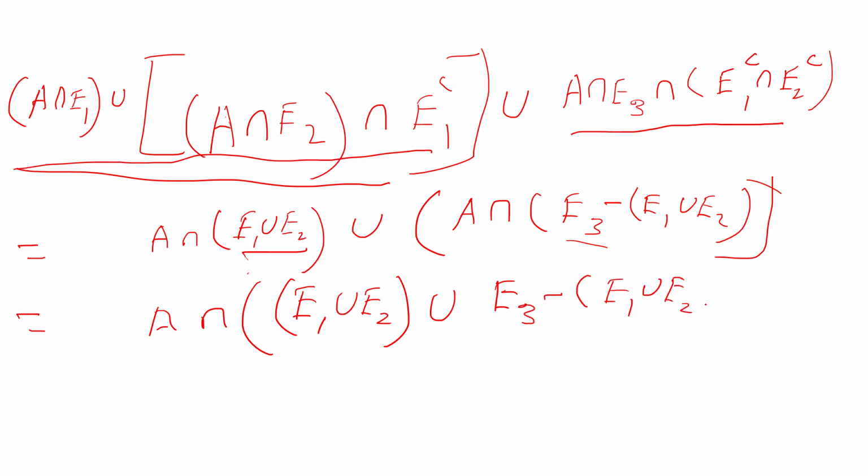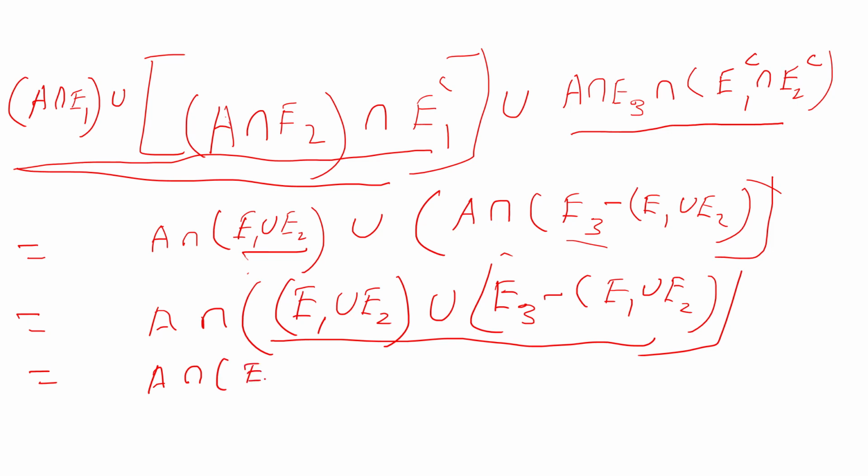So this one, after simplification, you can write that this is what? This is E1 union E2 union E3. So this is A intersection E1 union E2 union E3. You can write like this, and this you can simplify like this: A intersection union i running from 1 to 3 of E_i. You can write like this.